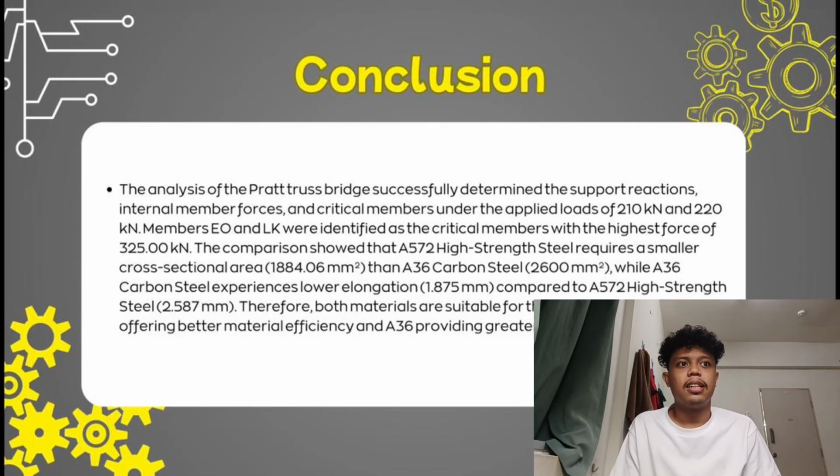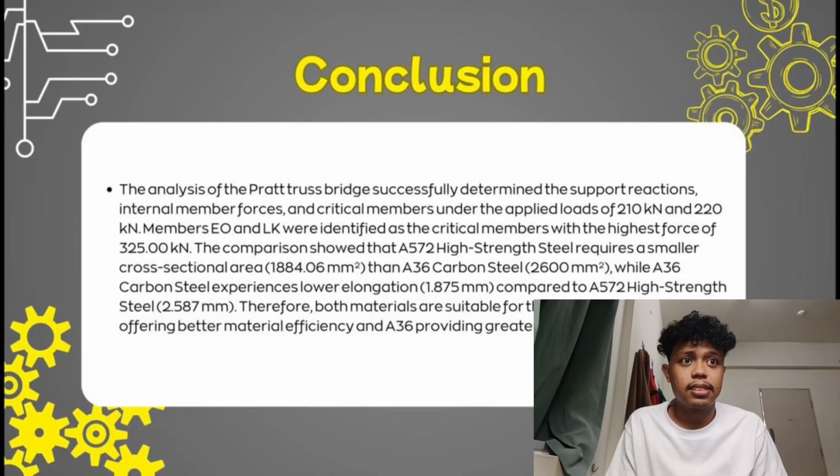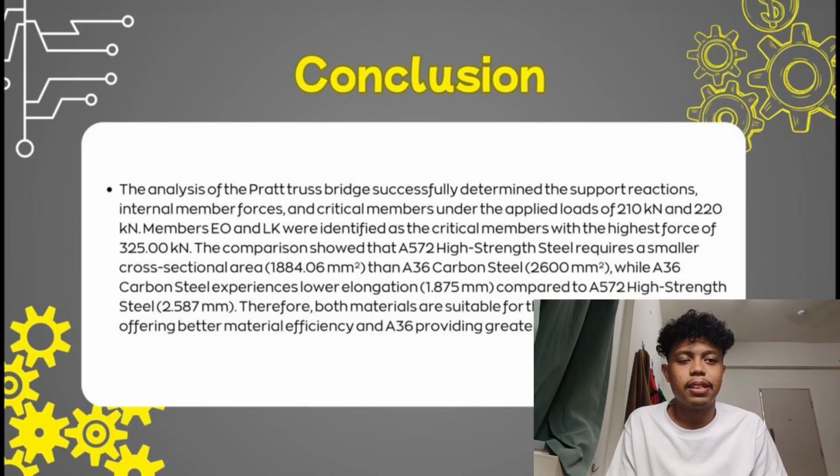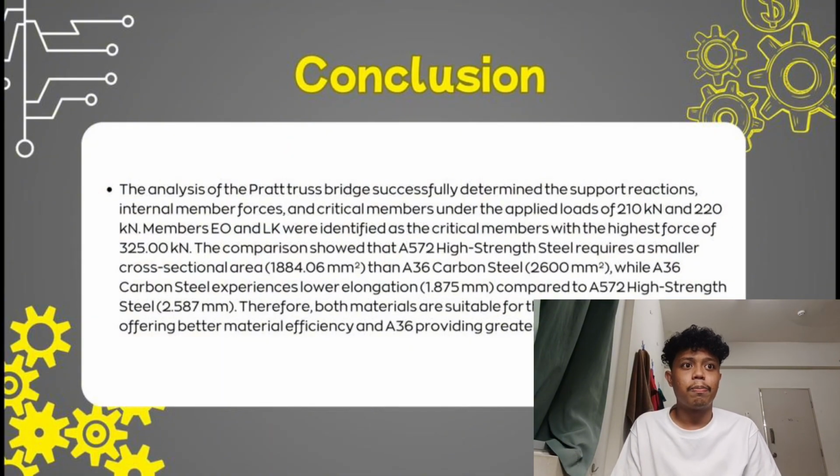The comparison shows that A572 high strength steel requires a smaller cross-sectional area, 1884.06 mm square, than A36 carbon steel, 2600 mm square, while A36 carbon steel experiences lower elongation, 1.875 mm, compared to A572 high strength steel, 2.587 mm.